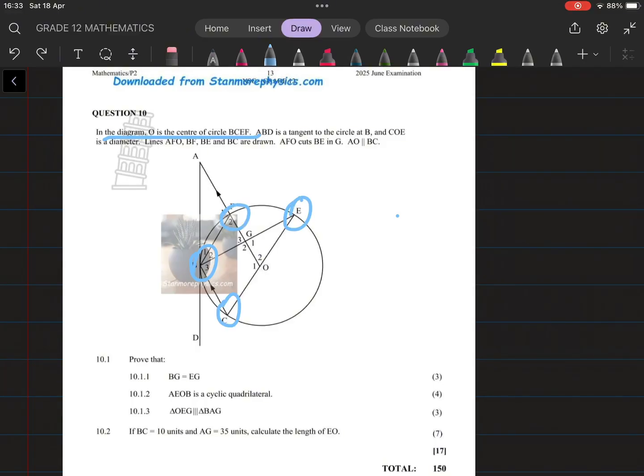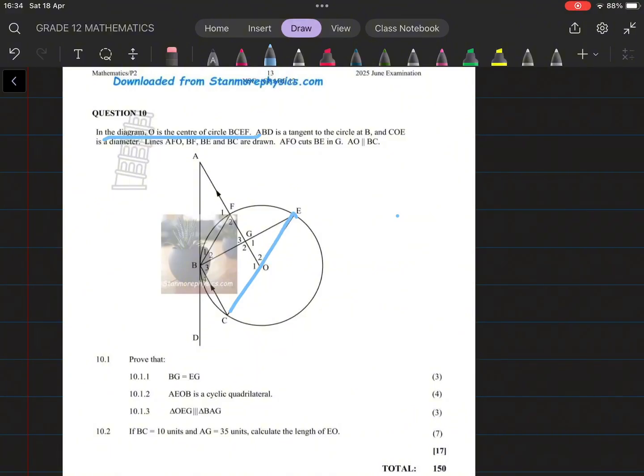Then we have our tangent to the circle at B. That is our tangent. And COA is a diameter.